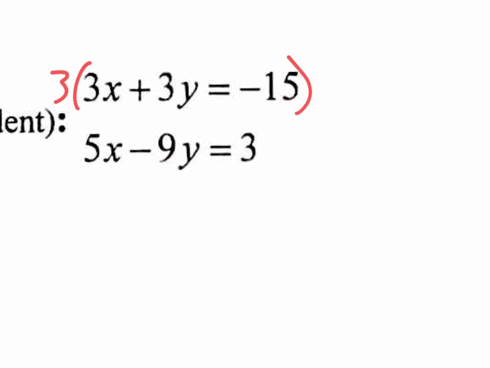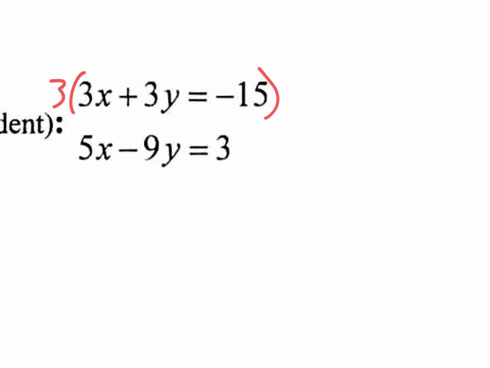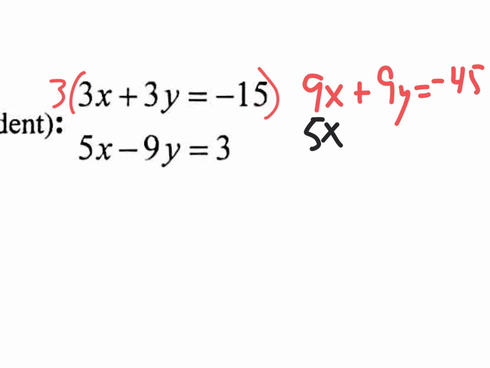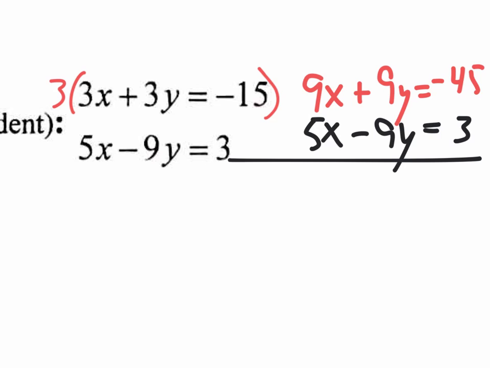So the top equation is going to become 9x plus 9y equals negative 45. The bottom equation we're going to leave exactly the way it is. 5x minus 9y equals 3. And now we're able to combine, and of course the 9y and the negative 9y cancel out.